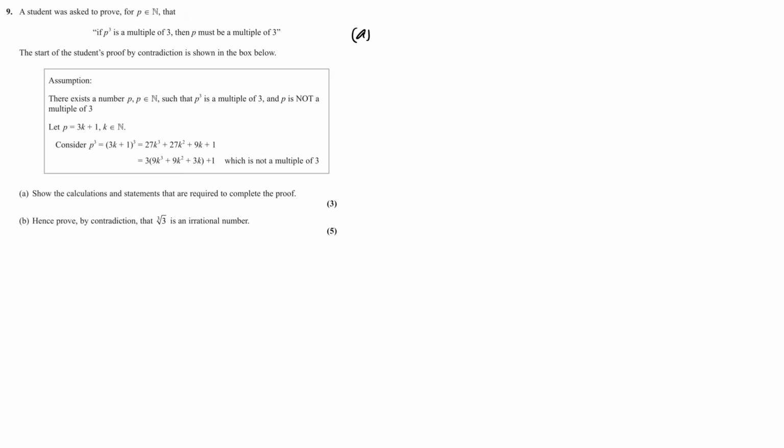So we've got a proof by contradiction, and it's quite nice that it has started, so you haven't got to do any of the annoying assumption and stuff. So we've got it started, we need to complete it. So to complete this now, we need to let p equal 3k plus 2, where k is an element of the natural numbers, because this is obviously not a multiple of 3, which is what we're trying to do.